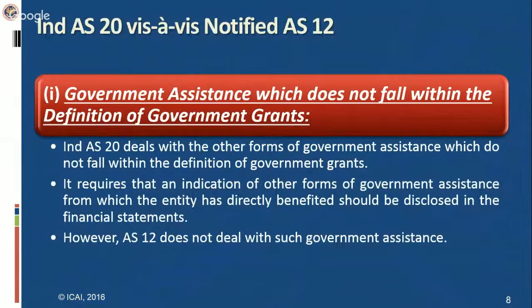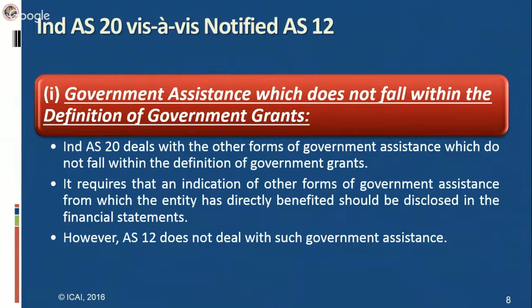Because the existing AS 12 does not talk about government assistance, we do not have any definition of government assistance. However, in Ind AS 20, there is a concept of disclosure of government assistance, which means we have a definition of it.